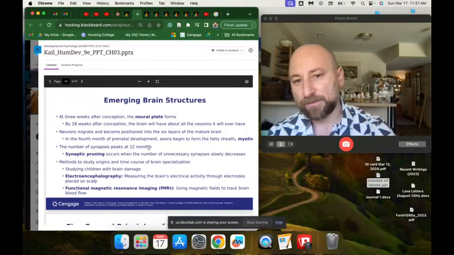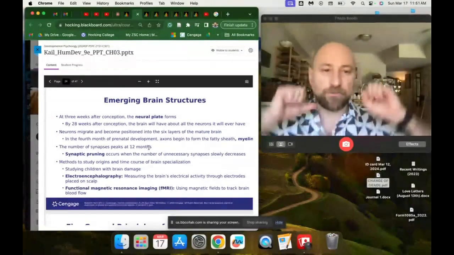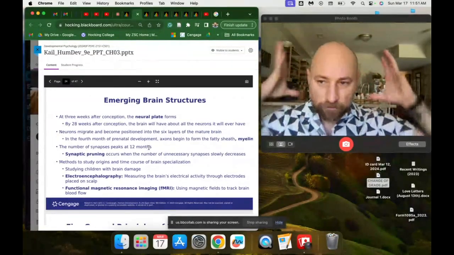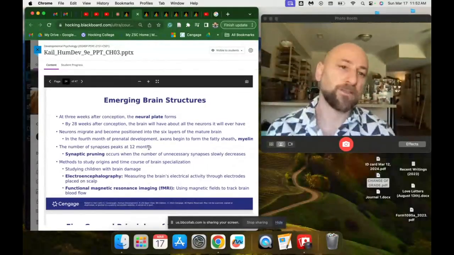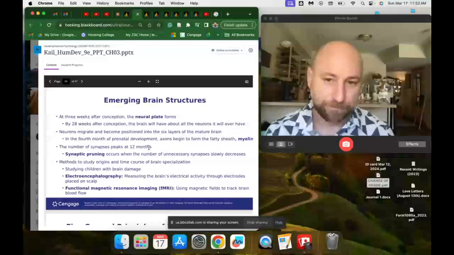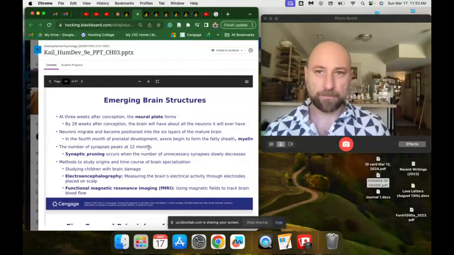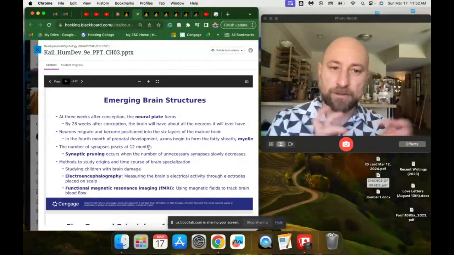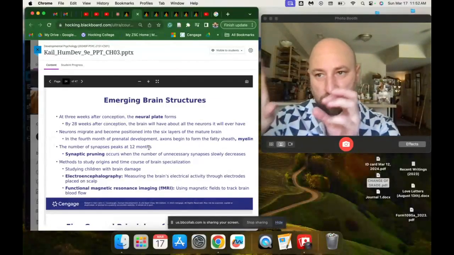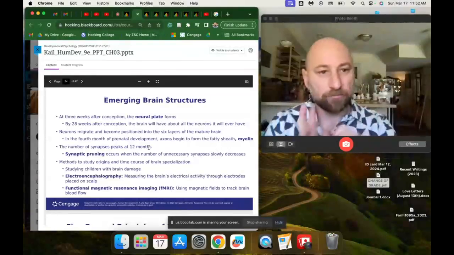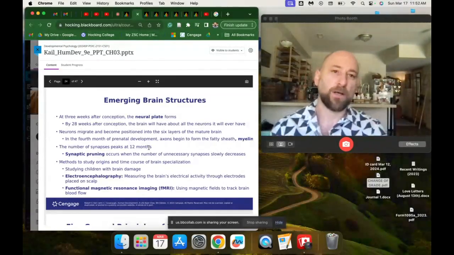The number of synapses we have actually peaks at 12 months. So that first year, we have all these neurons. We're born with our 80 billion. First year, it's like an absolute explosion of connections in our brain. And then what happens is over time, as we start to use concepts more to understand the world, and we start to organize information, we start getting rid of certain connections, right?